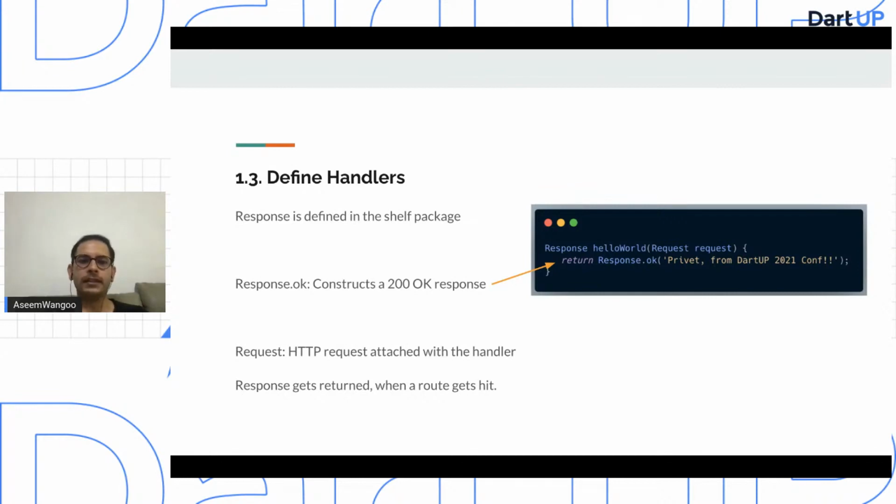Now, every handler is associated with an HTTP request. As we can see in the helloworld method, we have a parameter of request. So when this handler gets hit, which is /helloworld, the response which we return from this handler is Response.ok.